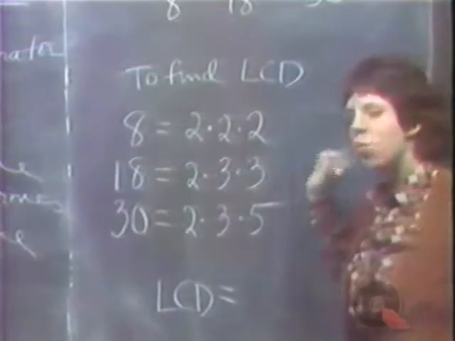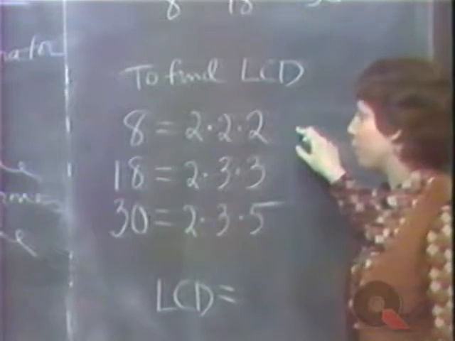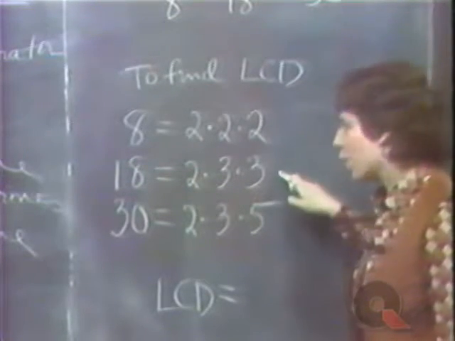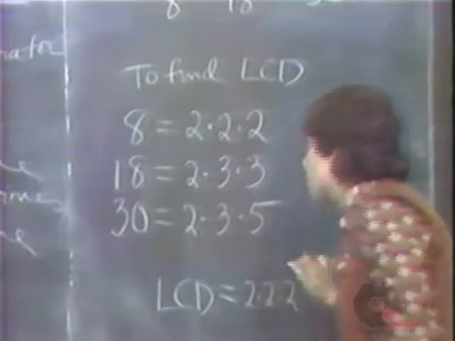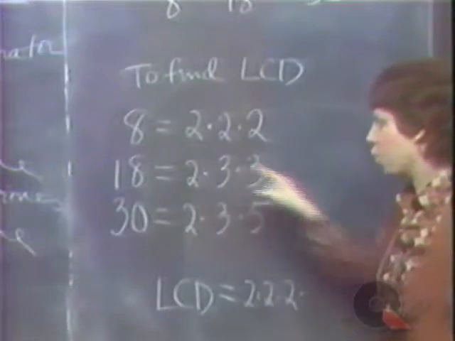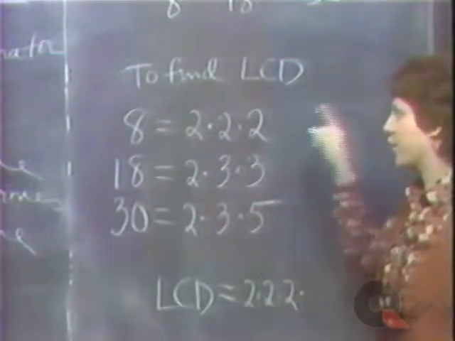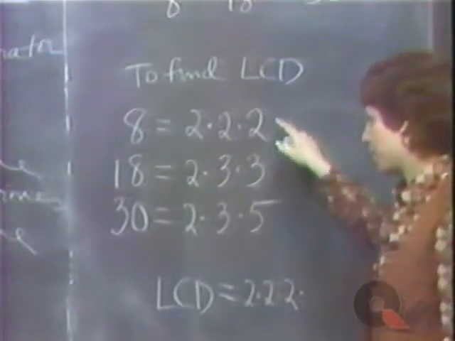You look in any one denominator, what's the greatest number of times it appears? Here 2 appears 3 times, here once, so you take 2 three times. We take it the greatest number of times it appears in any one denominator. So we take it the 3 times.